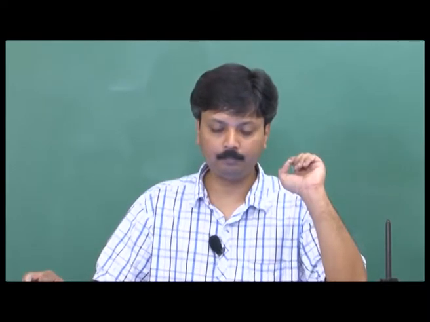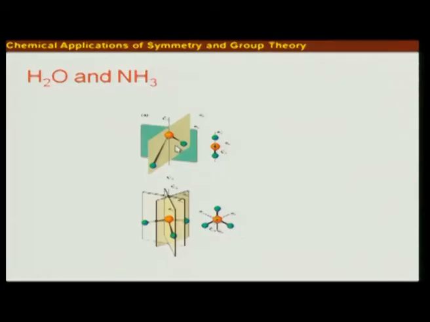Clear? Alright. Next question: does this molecule have sigma H? The answer is no. Sigma H means it should be perpendicular to the principal axis of symmetry, and I do not have any plane perpendicular to C2. So this doesn't belong to C2H.